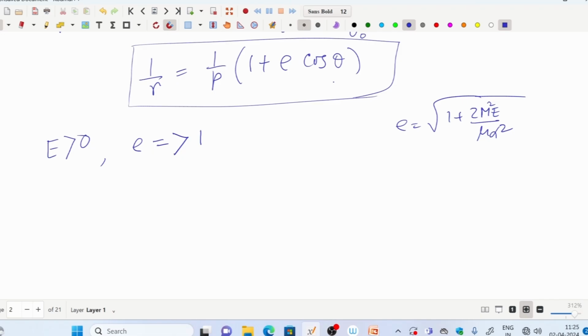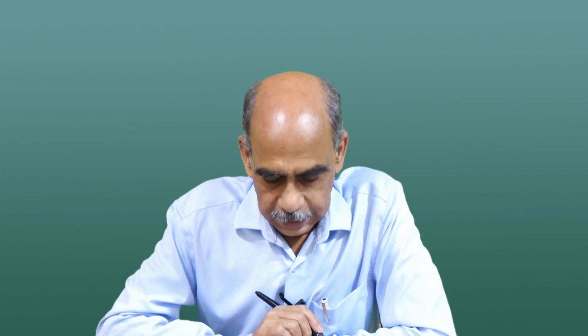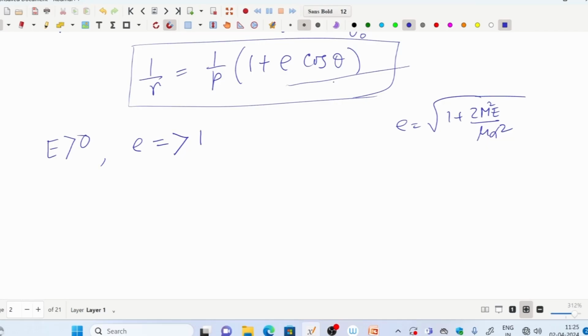So for positive total energy, e, the eccentricity, is greater than 1. You can see this is an equation for a conic section, and e is the eccentricity. With e greater than 1, this represents a hyperbola.